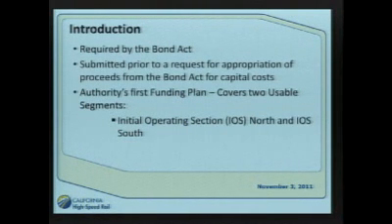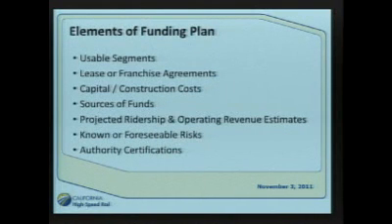So there have been other bond monies for design and other activities. We have not required a funding plan. This is the first one. Importantly, the funding plan must discuss operable sections and the money that you're requesting. There will be another funding plan the next time we go back and seek additional appropriation for bond money. There are several elements to the funding plan.